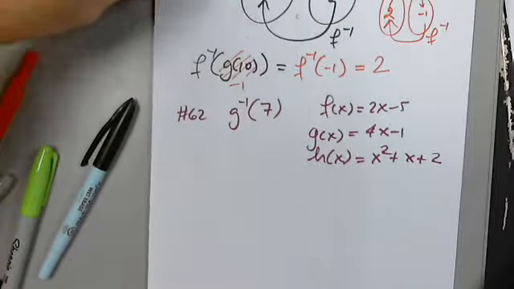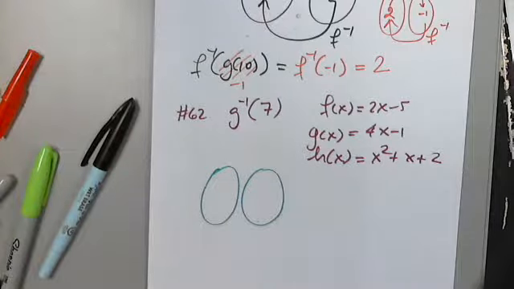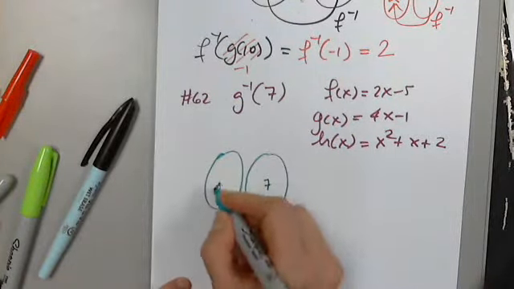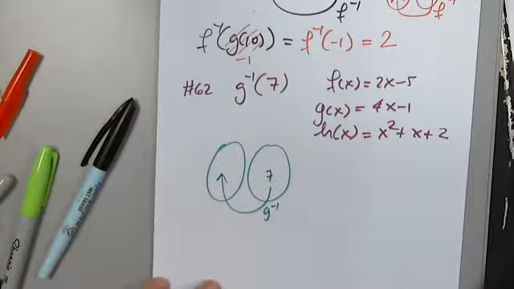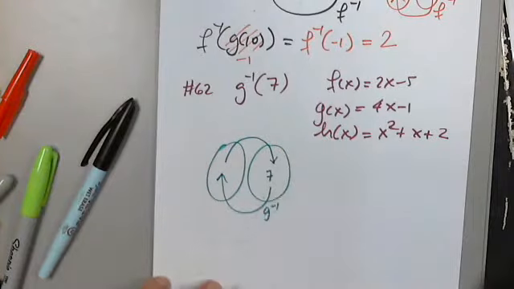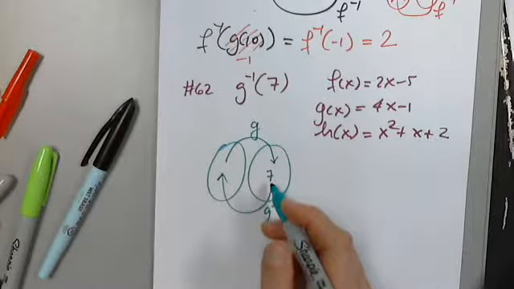Always think in terms of these bubbles. I think they really help. So I know that 7 must be here because I'm applying G inverse to it. I know there must be a number that I apply which function to get 7? Yes, I apply G to it. So I have to apply G to a number to return 7.